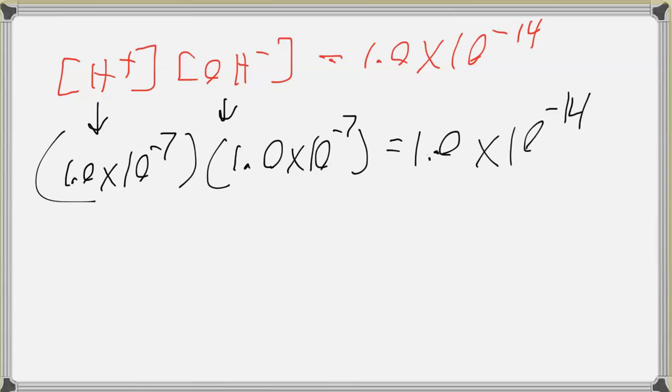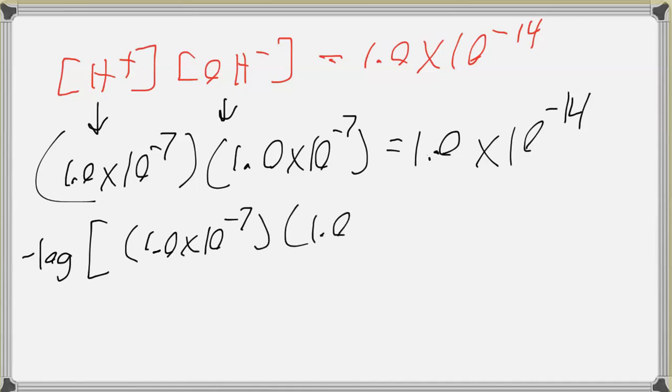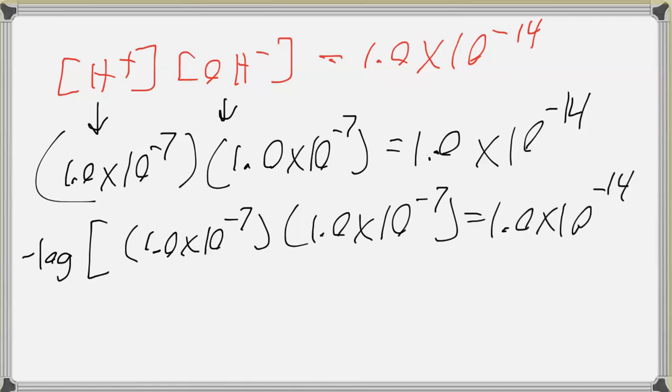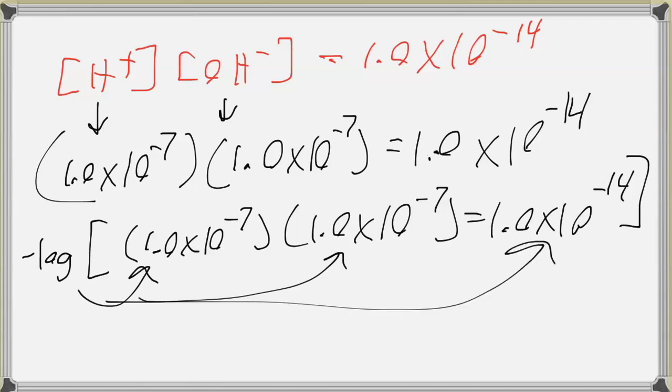Okay. Let's say I thought about pOH and pH here. I'm just going to take the negative log of this entire expression: 1.0 times 10 to the minus 7th times 1.0 times 10 to the minus 7th, which equals 1.0 times 10 to the minus 14th. So I've got negative log of that, negative log of that, and negative log of that. Negative log of 1.0 times 10 to the minus 7th is 7.